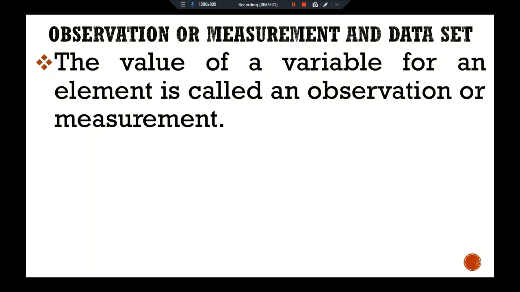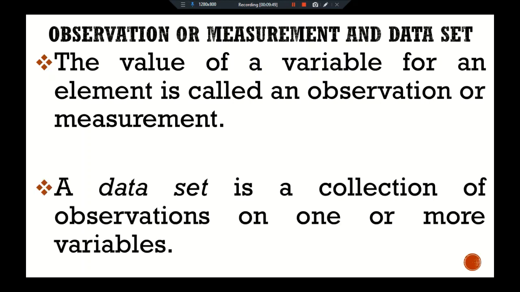So every one of the 6 firms or companies which we have included in our analysis gives an observation for our analysis. And a data set is a collection of observations on one or more variables.